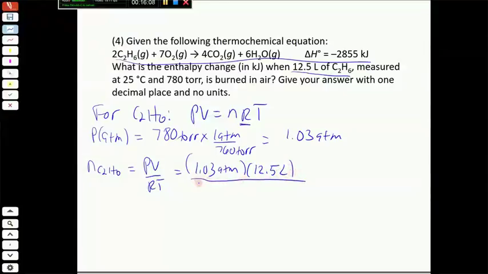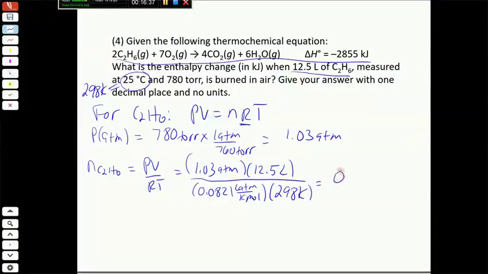And then RT, R is going to be the universal gas constant, which is on your periodic table, but it's this value here, 0.0821, whenever using the ideal gas equation. And then the temperature is 25 Celsius. We need to convert that into Kelvin anytime we're doing any calculations with gases using absolute temperature. So we're going to add 273 to that, and that's actually 298 Kelvin in the correct unit. So we'll put that in as 298.